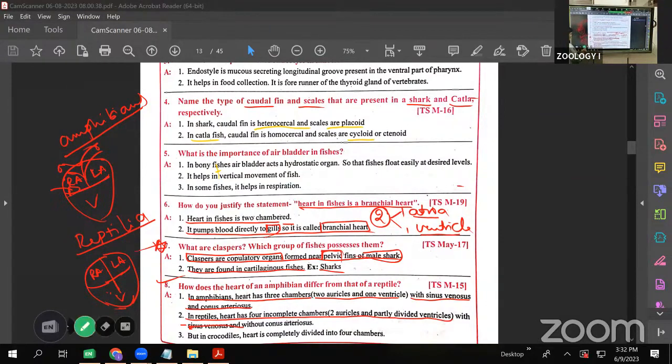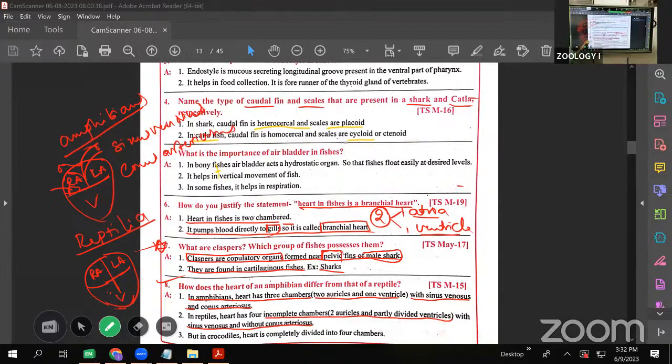In the reptile's heart, the sinus venosus is present, but the conus arteriosus is absent. In amphibians, the sinus venosus is present and the conus arteriosus is also present, both of them, along with the aortic arcs.